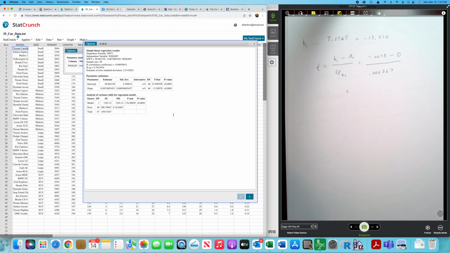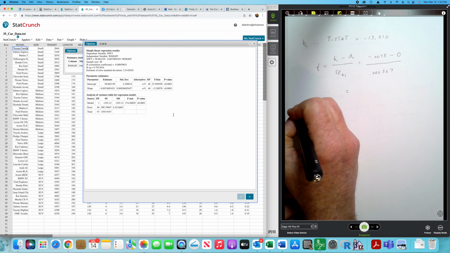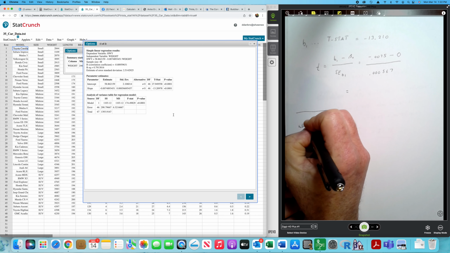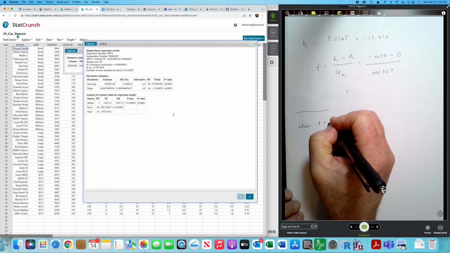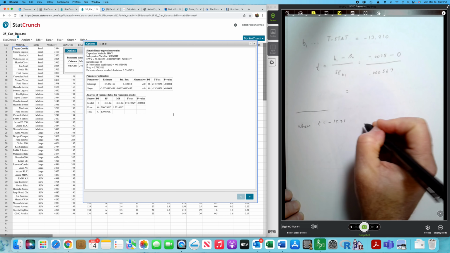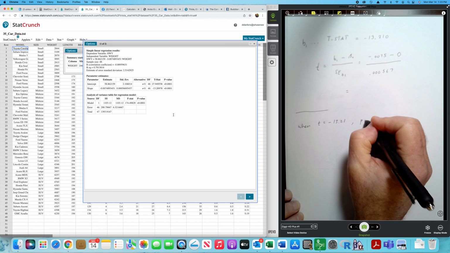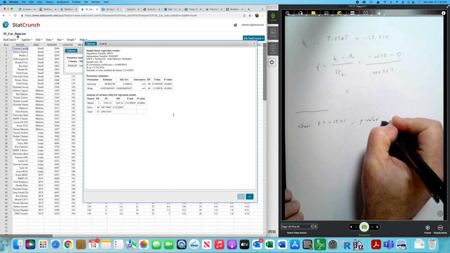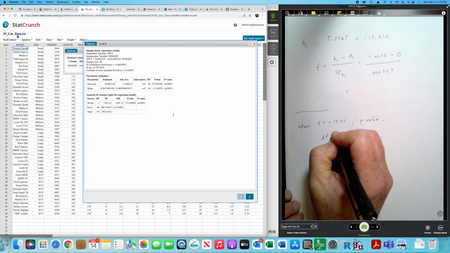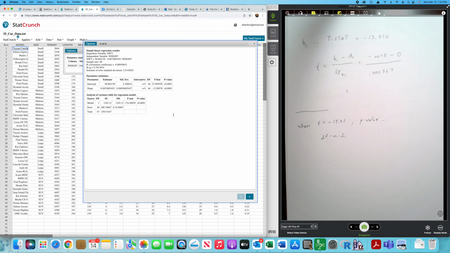Now to calculate the p-value, when t is equal to negative 13.21, remember the degrees of freedom are n minus 2. We're given the degrees of freedom right here, 46. So that tells me that the sample size has to be 48.